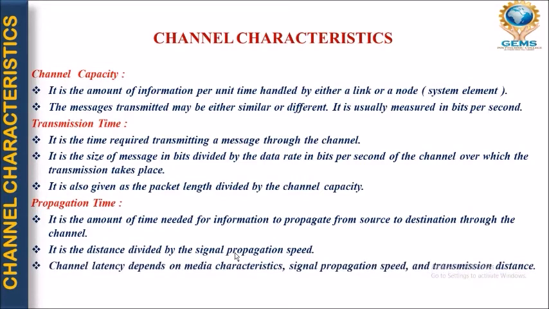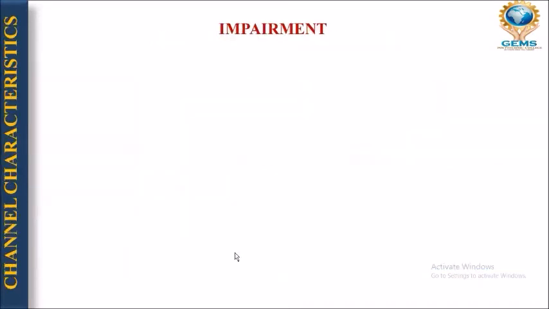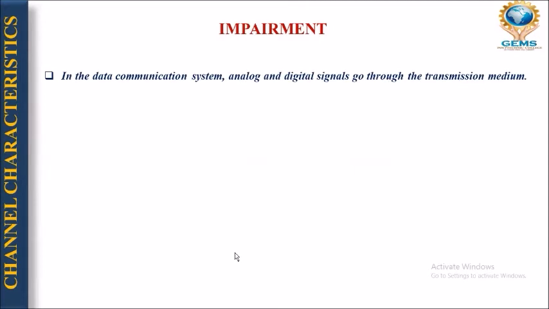Channel latency depends on media characteristics. What is latency? Latency means delay, and these characteristics may be your signal propagation speed or transmission distance. Okay, now let's talk about impairment. What do you mean by impairment?